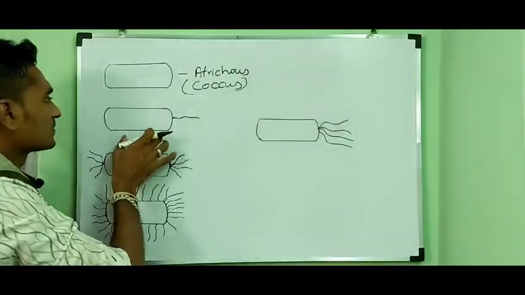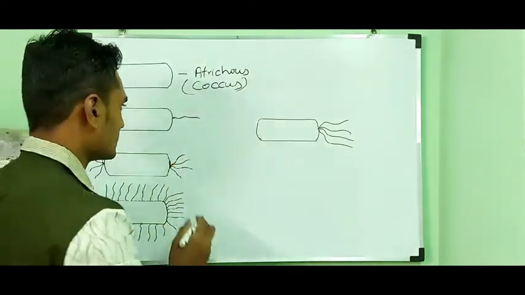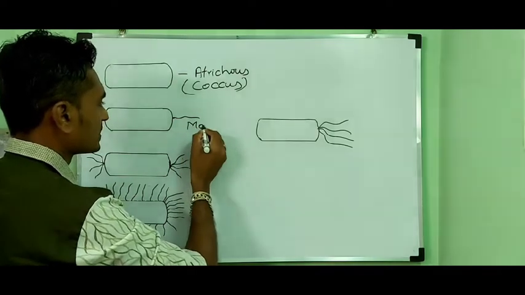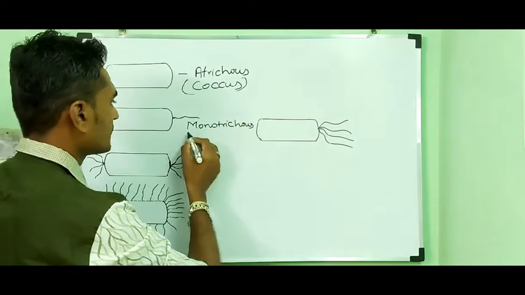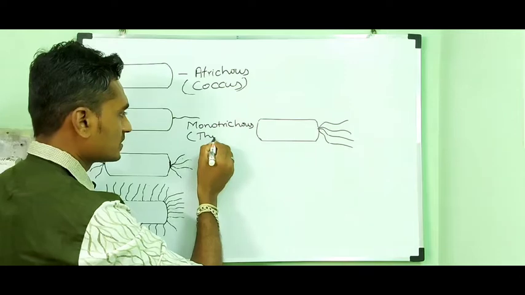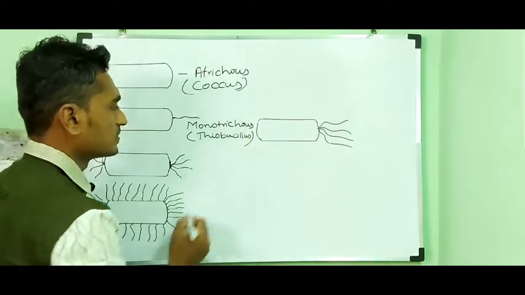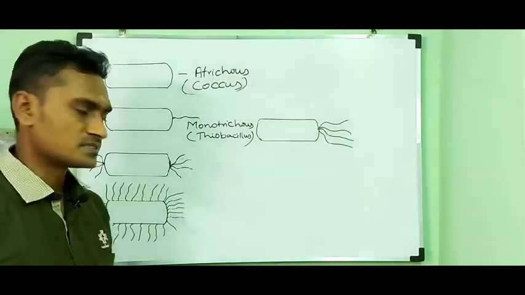Then if the bacteria possess only one flagellum at one end, that bacteria is called monotrichous. An example for monotrichous bacteria is Thiobacillus.